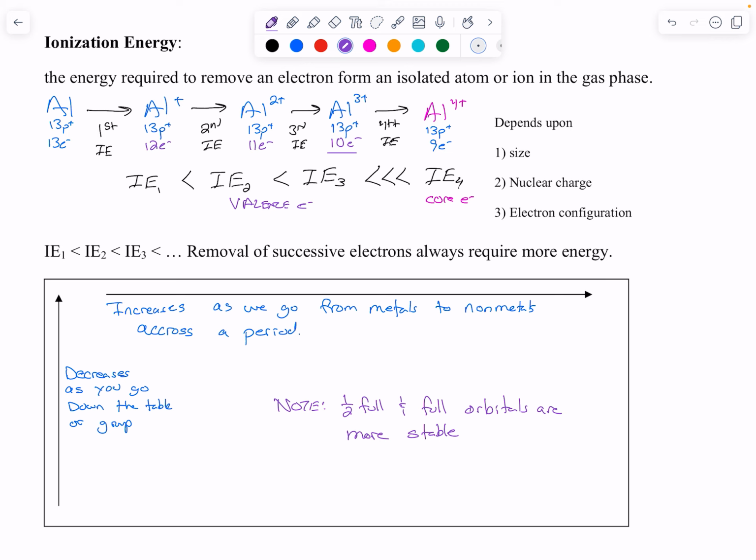So half full and full orbitals are more stable. If you ever see a trend, that's what we're talking about.